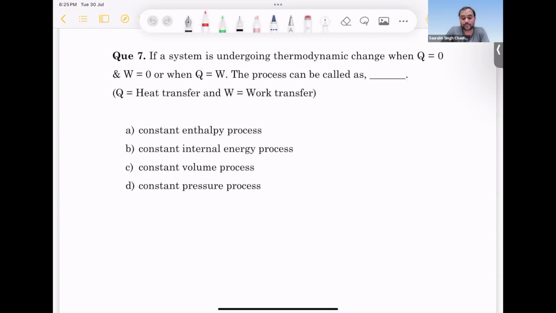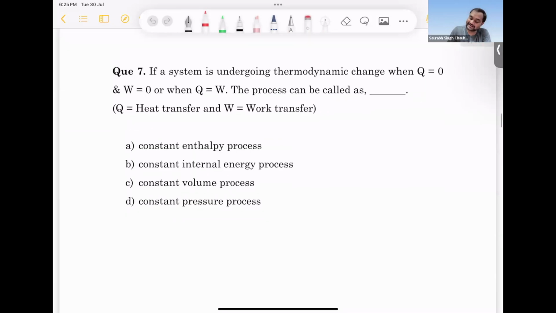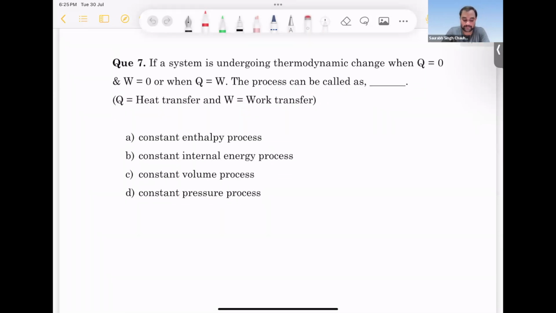So from the first law that we discussed in the previous question, the internal energy change should also be 0. But again, it says, or when Q is equal to W, meaning W and Q are not 0, but heat transfer is equal to the work produced, then what will happen?